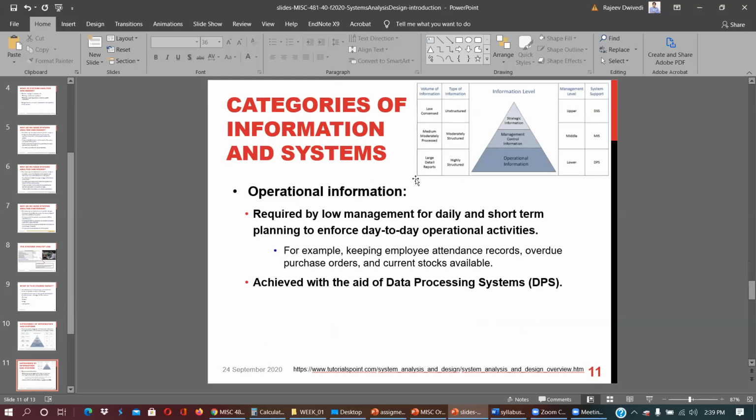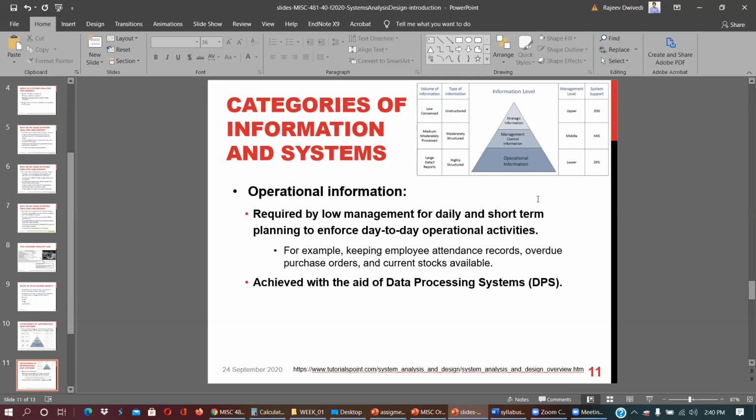So operational information is required by low management for daily and short-term planning, to enforce day-to-day operational activities. For example, keeping employee attendance records, overdue purchase orders, and current stock available. So basically, these are very simple, day-to-day routine things. You don't need to put in any thinking.